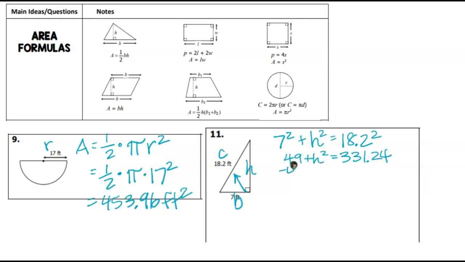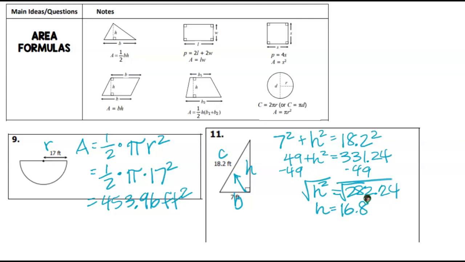So I'm going to subtract 49. And I'm going to end up with 282.24, and I'm going to make sure I square root at the end. And that gives me h is equal to 16.8.